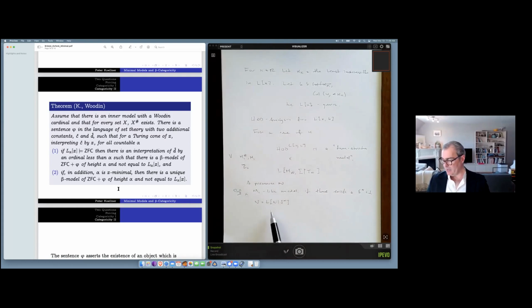It's just L above its delta. And then you write down a bunch of other first order properties of M1. You can write down as many as you want.